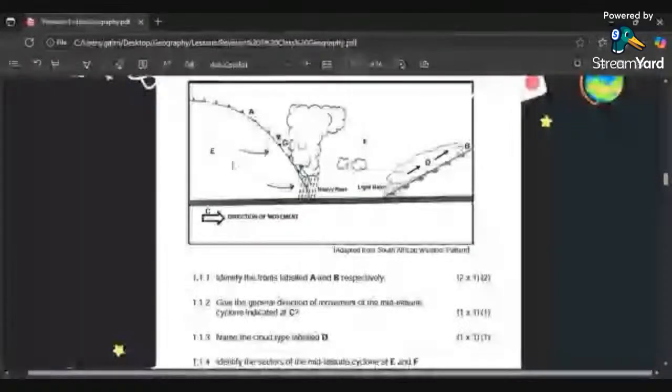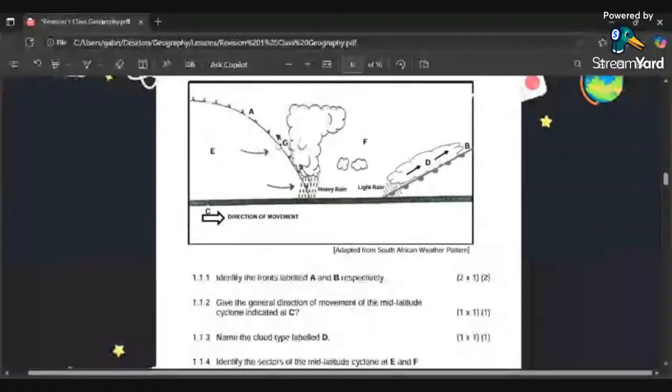When you describe the occlusion stage, this cold sector is pushing the cold front and trying to close up the warm sector. So as you reach the occlusion, your cold air will entirely lift up the warm air within the warm sector.